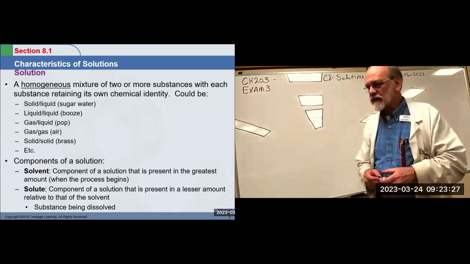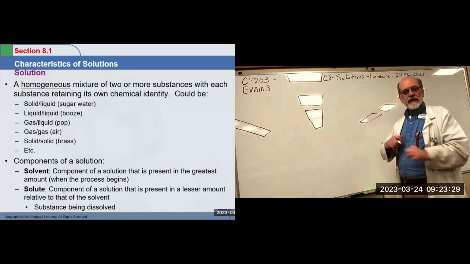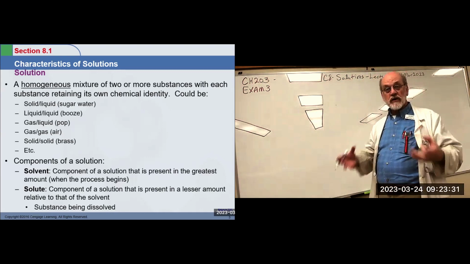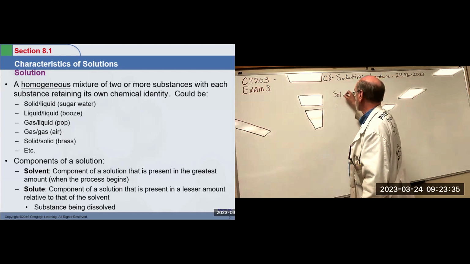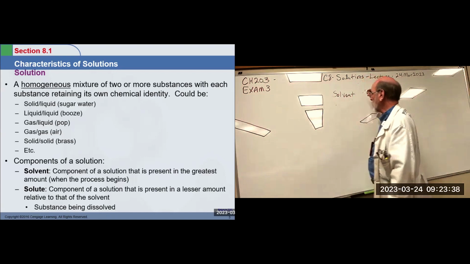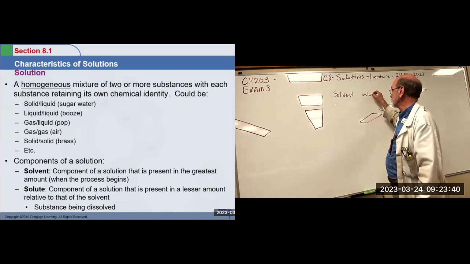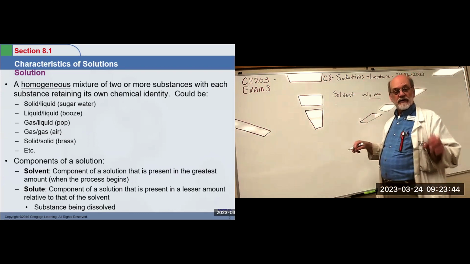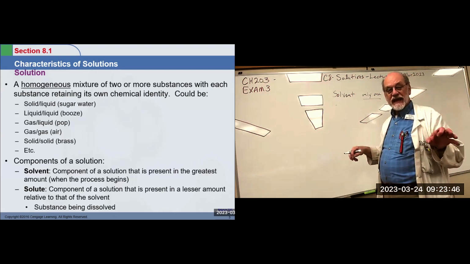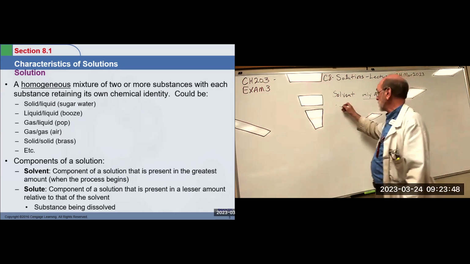So when we describe a solution, we describe it in terms of what's the major component. The major component is the solvent. And there can only be one. Only one solvent. But you can have many solutes.